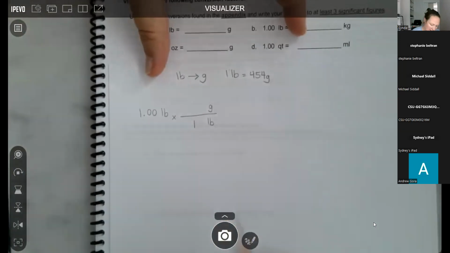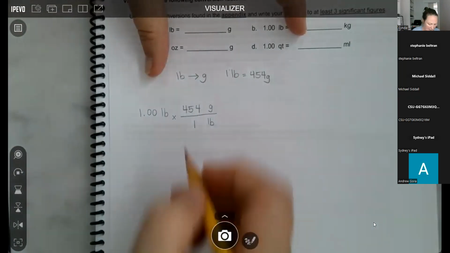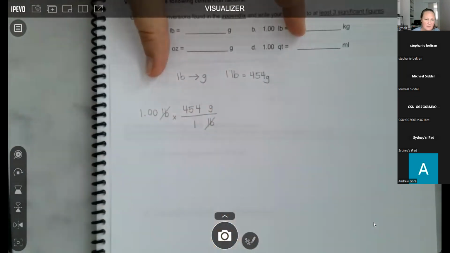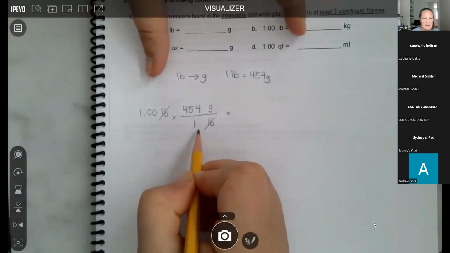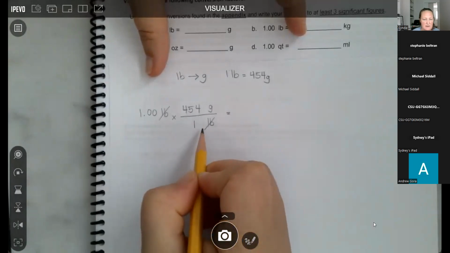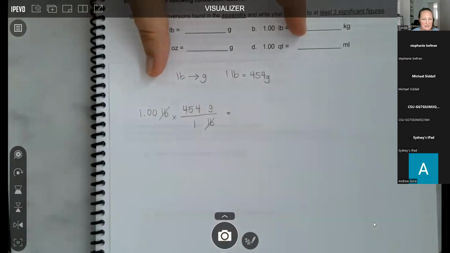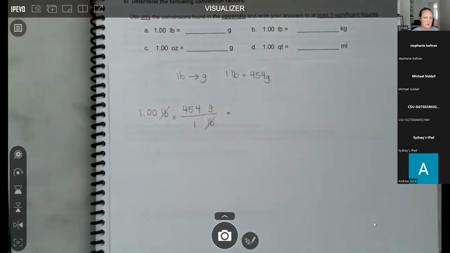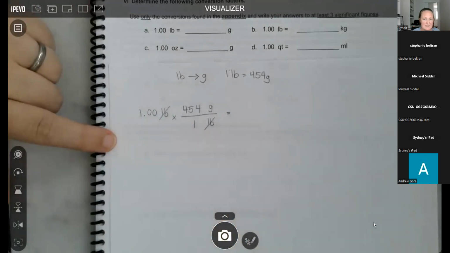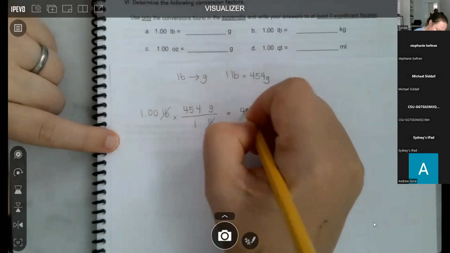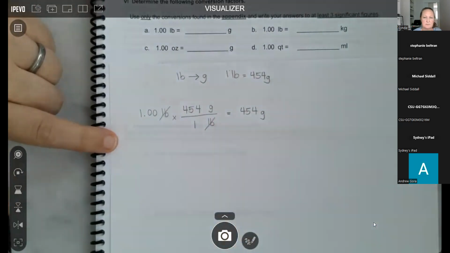So I have the 1 pound in the denominator and then the 454 grams in the numerator. That way my units cancel. And this one is considered precise, so it's not going to limit our answer to 1 significant figure. This one has 3 significant figures. This one has 3. So our answer can have 3. So of course, 1 times 454 is just 454. That makes that nice. Grams.